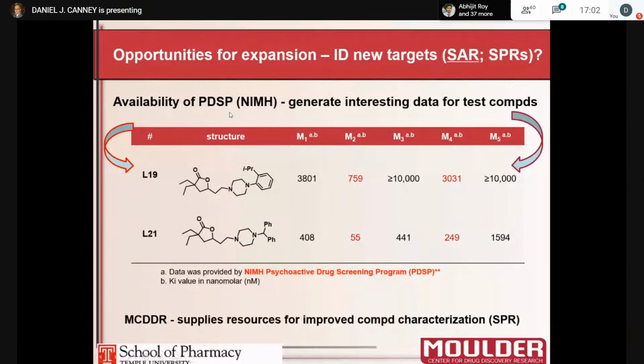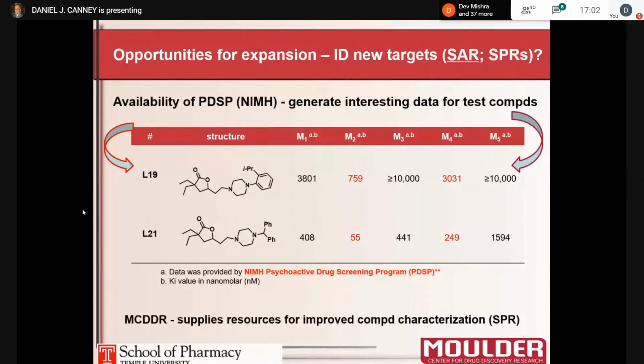It's supported by the NIH, and it generates lots of data for academic institutions as well as small companies all over the country. So we started getting data through the PDSP as a result of some collaborations that were ongoing at the Mulder Center.